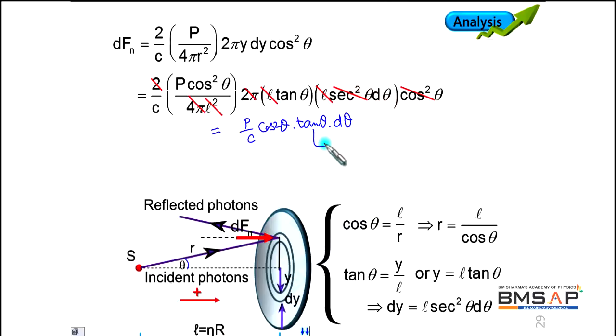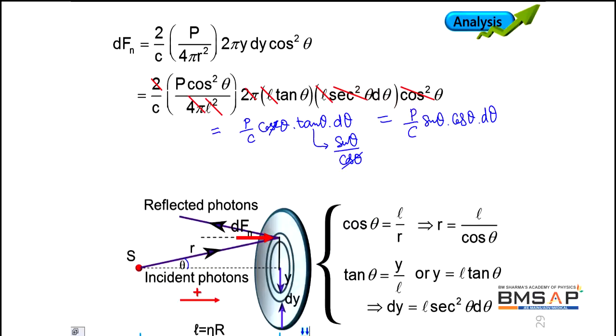We can write tan theta equal to sin theta divided by cos theta, and this cos theta will get cancelled. So here we can observe cos theta will get cancelled by this cos theta. Finally, we get the relation P divided by C, and this is sin theta multiplied by cos theta multiplied by d theta.